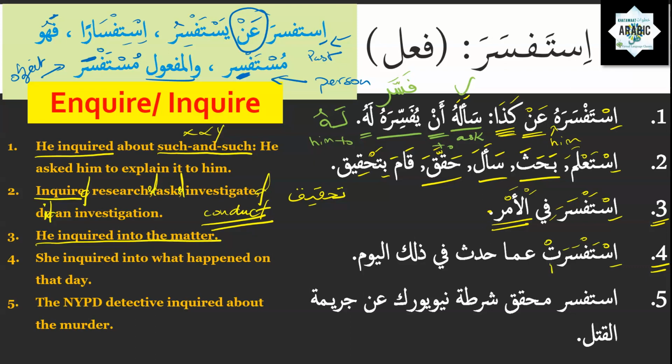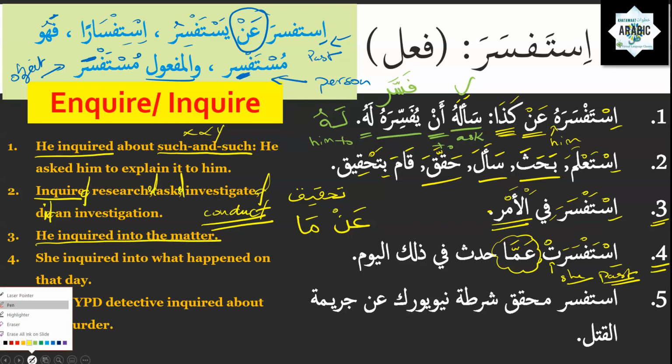استفسرت هي. T is she. This is referring to a past verb conjugation. استفسرت عما, about what. So basically عما, it's actually a fun word because what you're doing is you're blending عن and ما together, and it's giving you عما.